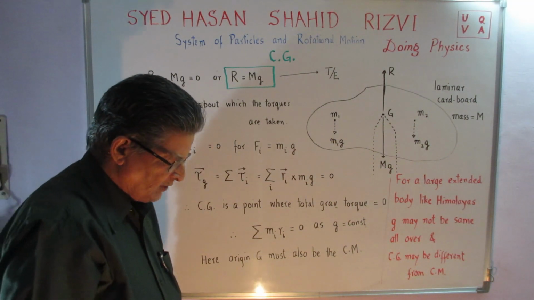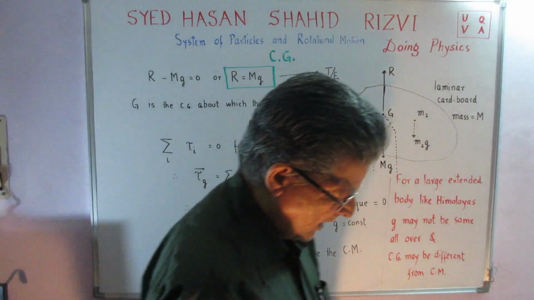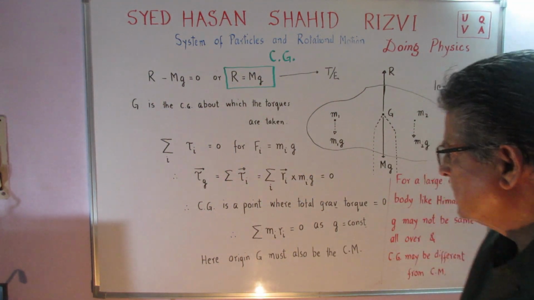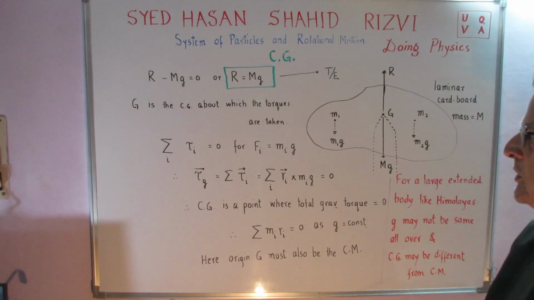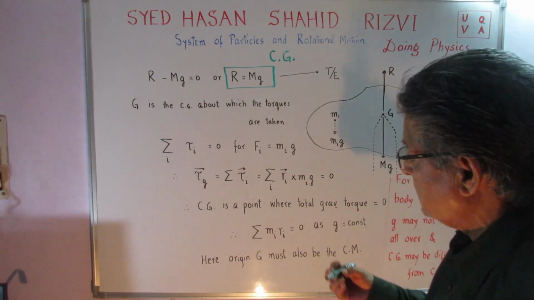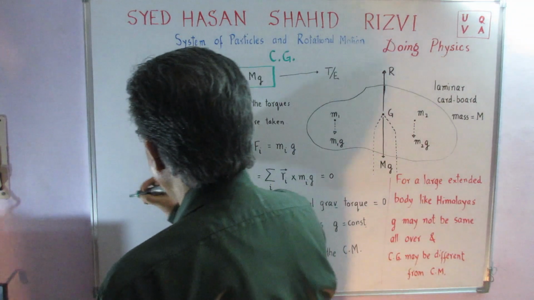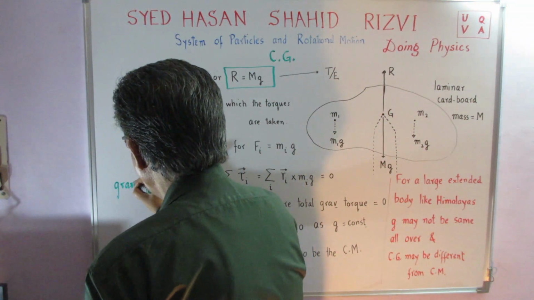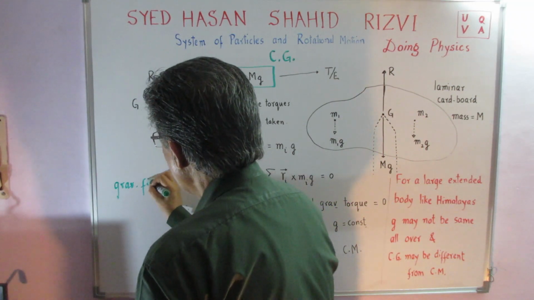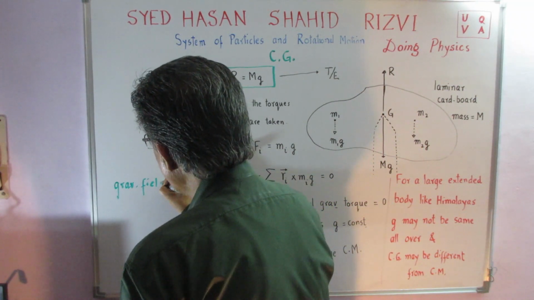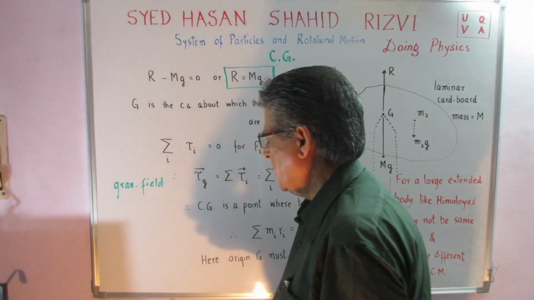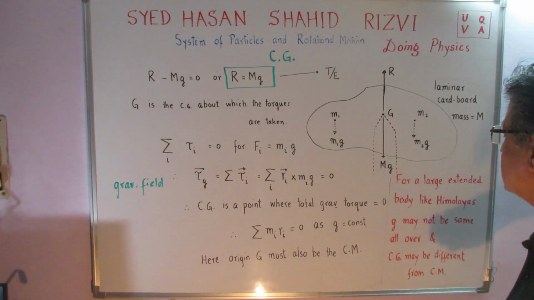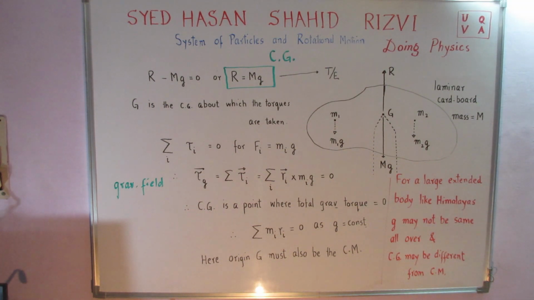Now this is normally true for small bodies near the surface of the earth, wherever the value of G, the acceleration due to gravity or the gravitational field, is constant and the same at all the points on the defined body.